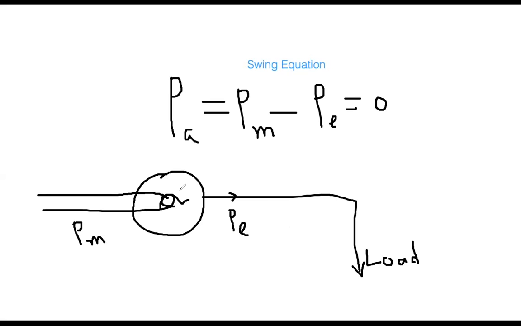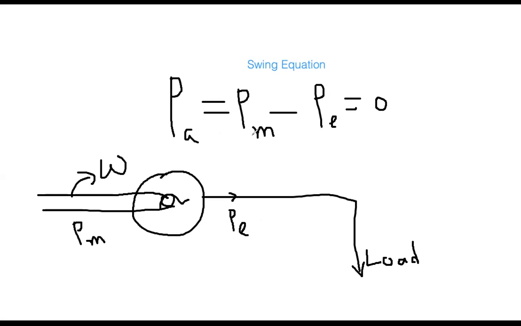This is a synchronous generator. This is its shaft. It is rotating at a certain speed. This means it has the mechanical power, P_m, which is coming from the turbine. And then this generator is producing this amount of electrical power, P_e, and here are the customers connected. Now everybody see, this is the equation which is called the swing equation.